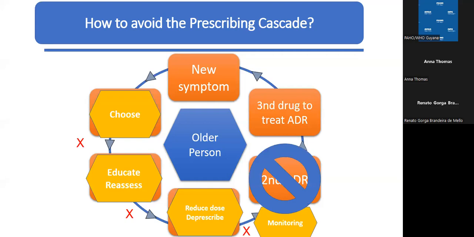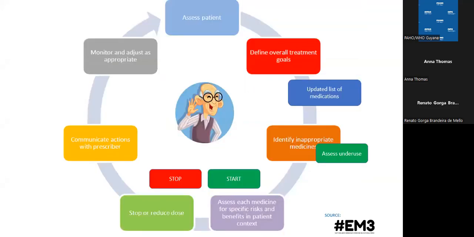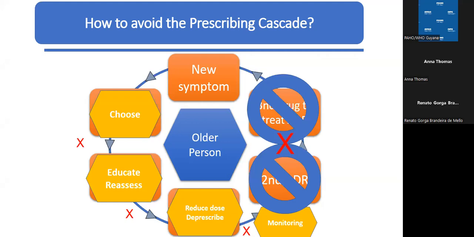If I properly do it, I'll avoid a second ADR, a third drug, and I'll stop the wheel. I'll stop this vicious circle of the prescribing cascade.